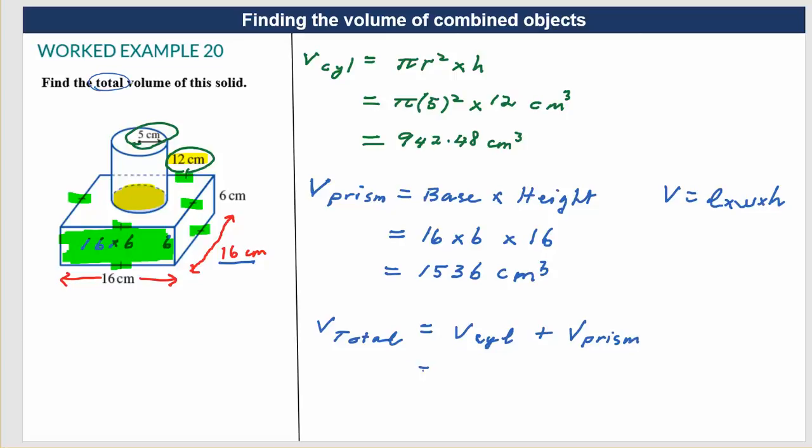So just label the different numbers we calculate, good communication. So we end up with 942.48 plus 1536.